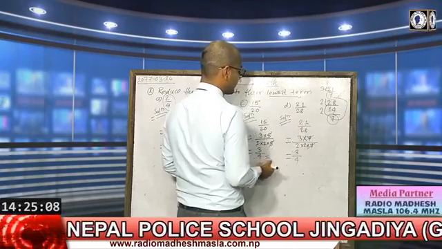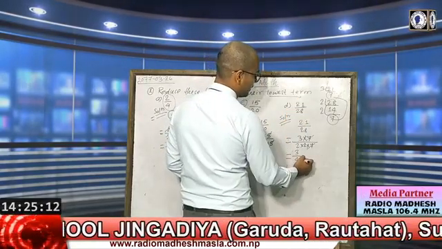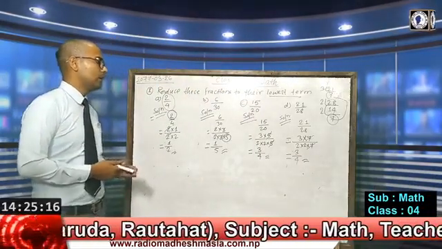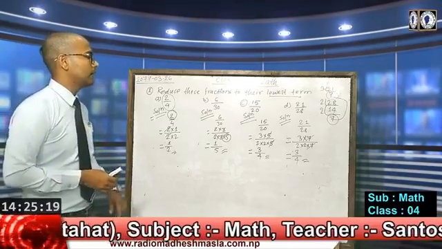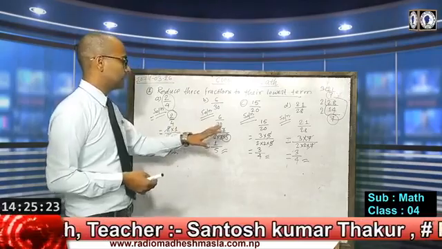So the lowest term of the fraction 21 by 28 is 3 by 4. We can find the lowest term of the given fractions using this method.